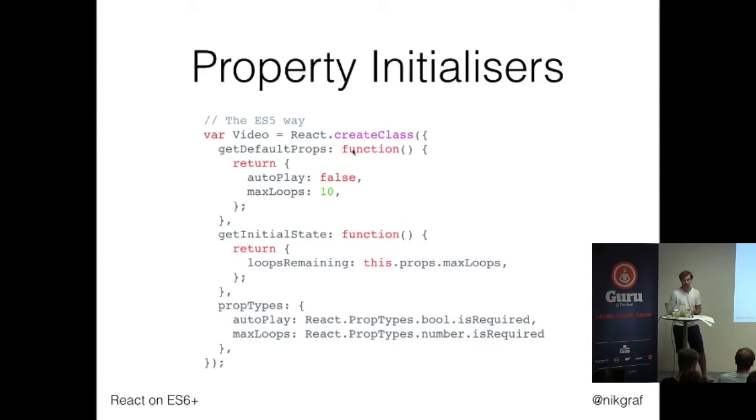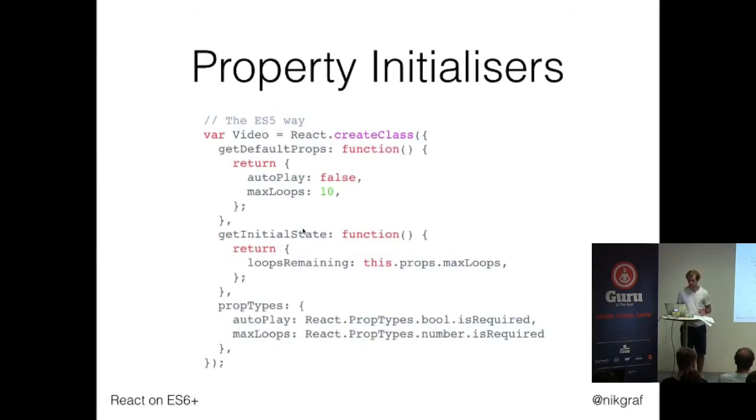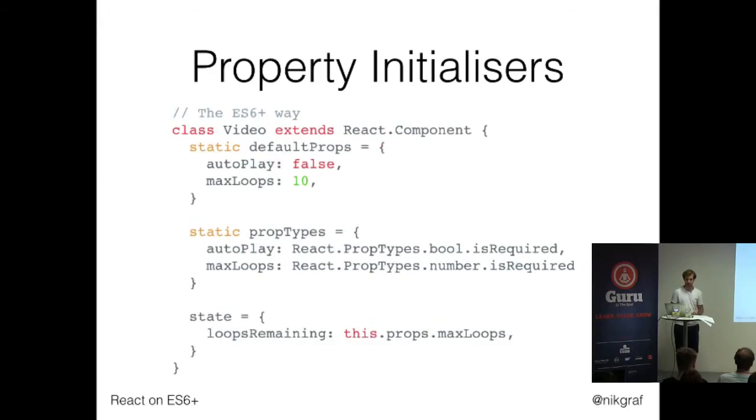Default props is a function, and React knows when I get React components created in this way, I should always call this getDefaultProps function to initialize the properties. In the future, we just tell, hey, this is the default props, and take that. Yeah, and these are the property initializers. So no need anymore for doing these special functions that people have to read up on. It becomes more concise and clean.